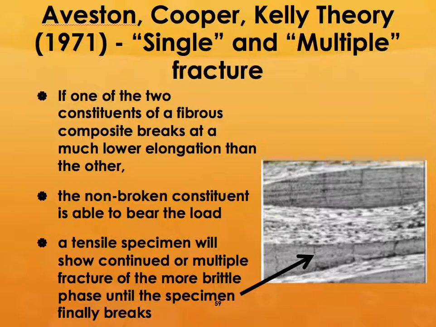If one of the two constituents of a fibrous composite breaks at a much lower elongation than the other, then the non-broken constituent is able to bear the load. That means that if the matrix fails, the fiber is still there to bear the load, and you have to exceed the tensile strength of the fiber in order for the whole component to break.